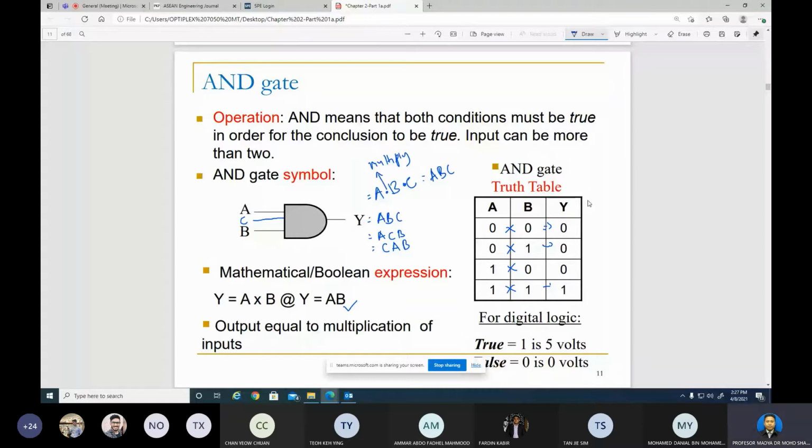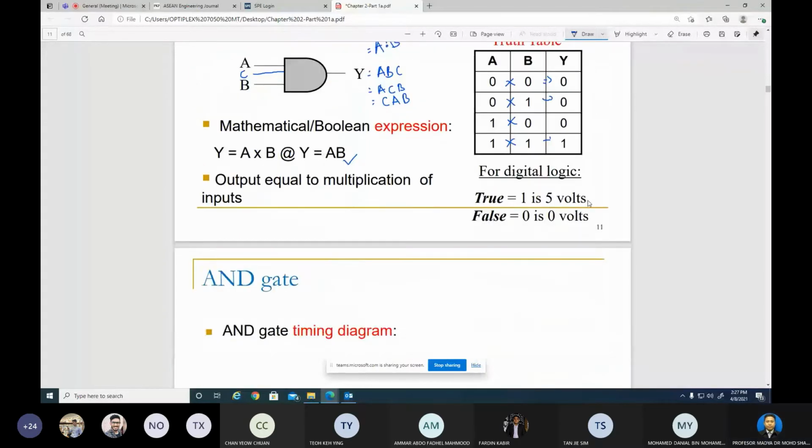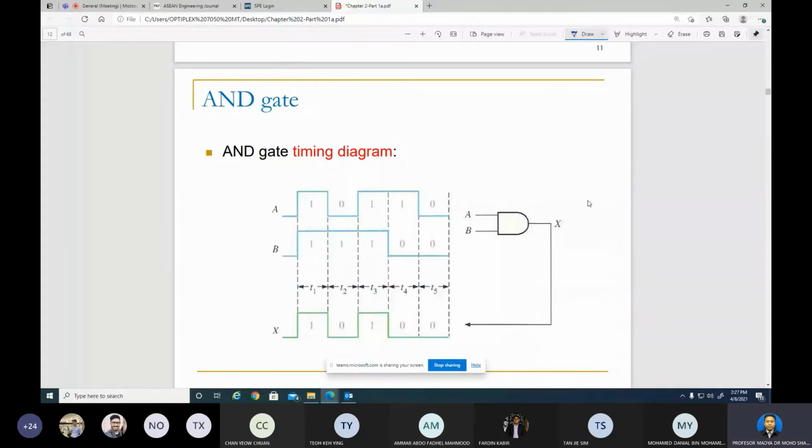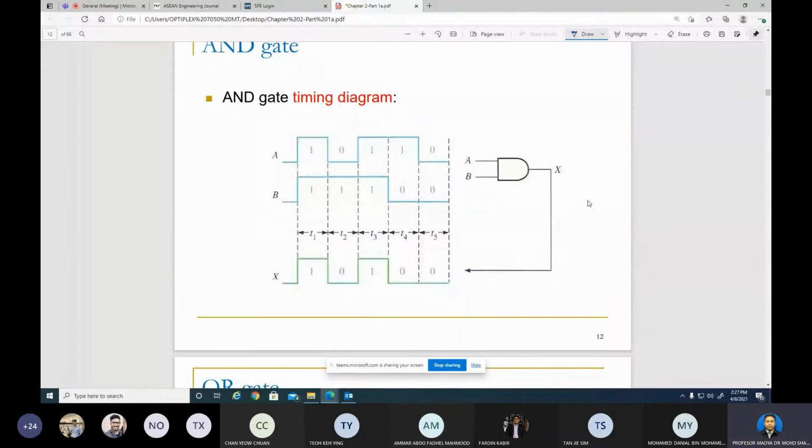So this is the set of possible inputs, A and B, and then this is the output. That's it for the AND gate. Now this is the timing diagram.